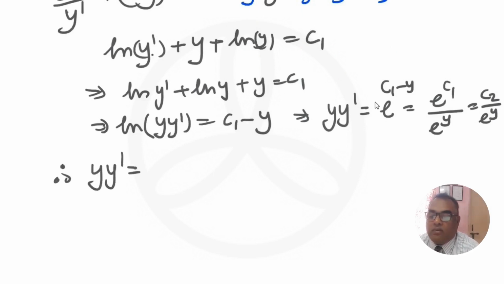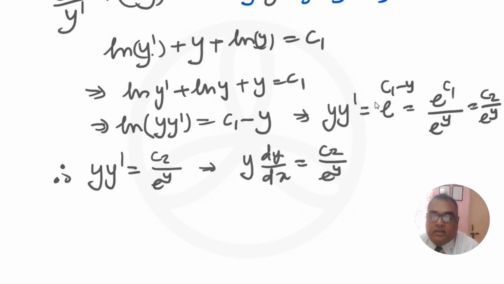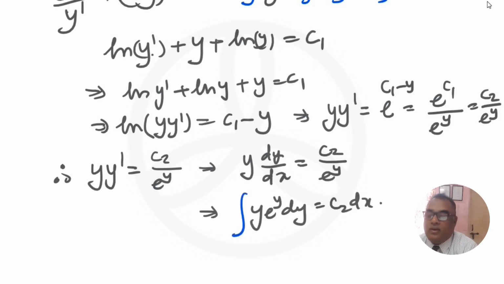And by doing variable separable, we get y dy by dx is equal to c2 by e to the power y, and this can be written as y e to the power y dy is equal to c2 dx. Now apply integration on both the sides, and what will we get?